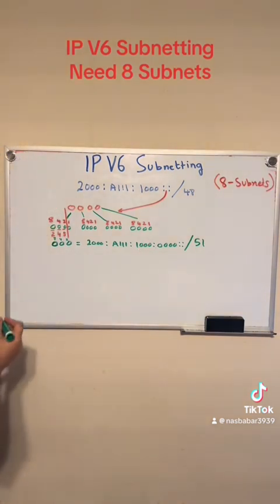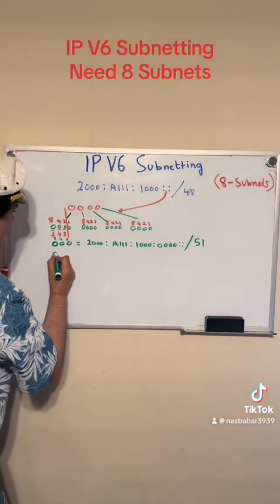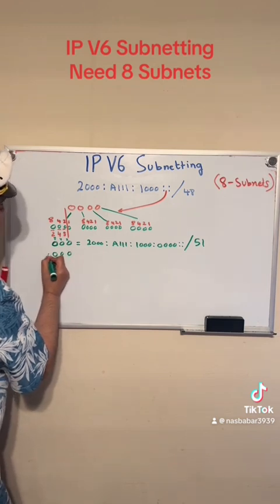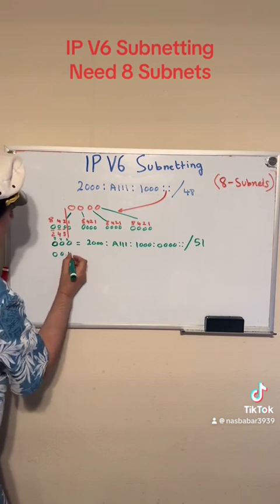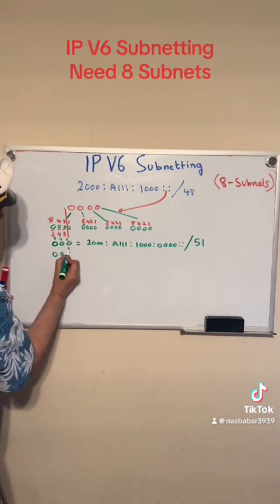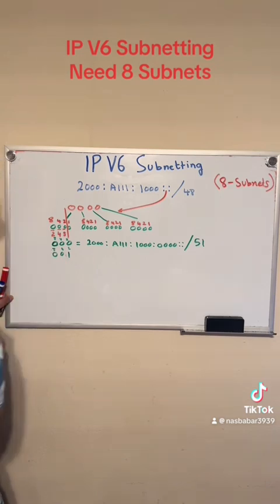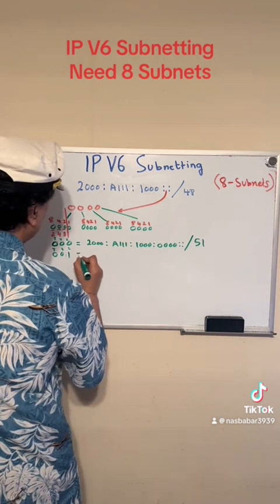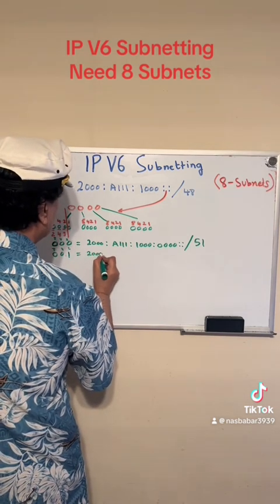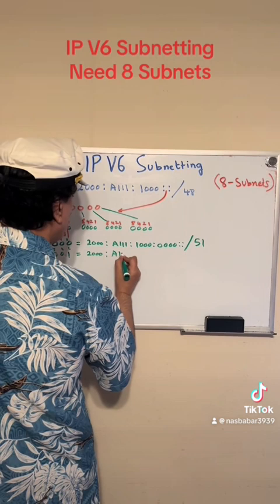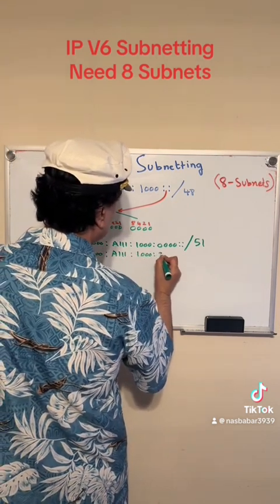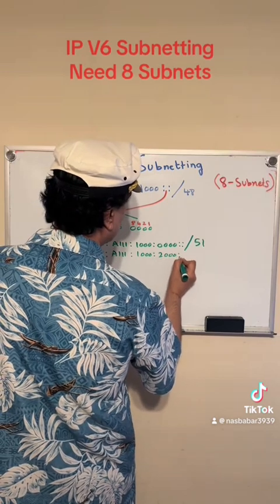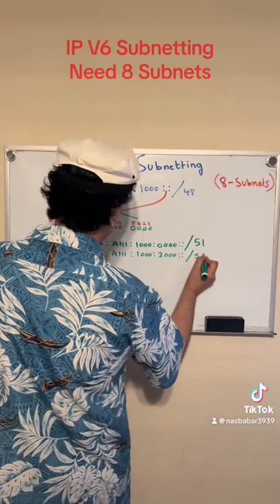Let's go ahead and move on to the second subnet. So we have 0, 0, 0, and we make this 1. Now this is 2, 4, 8. All right. So then my second subnet becomes 2000:A111:1000:2000.